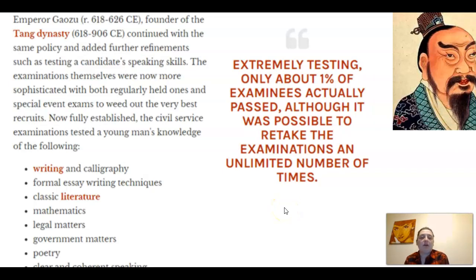So one thing everyone always asks me, Miss King, is what do they have to know? Like, what is this exam? What do they have to be able to do on the exam? So during the Tang Dynasty, the exams themselves were now more sophisticated. They were regularly held.